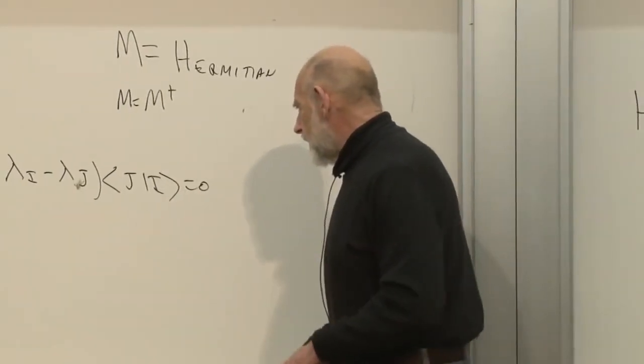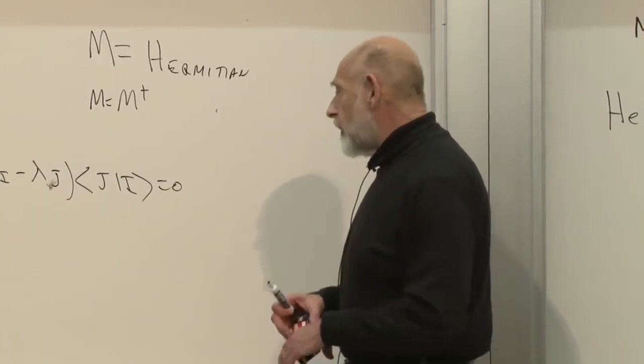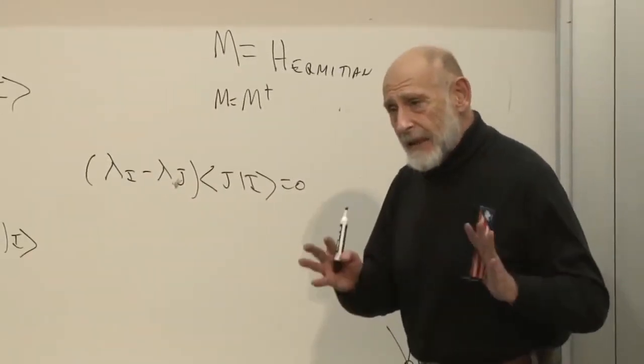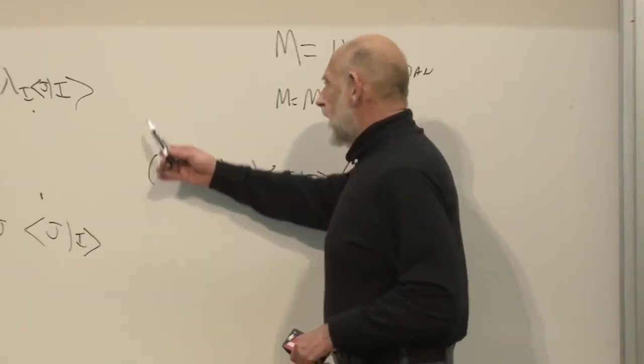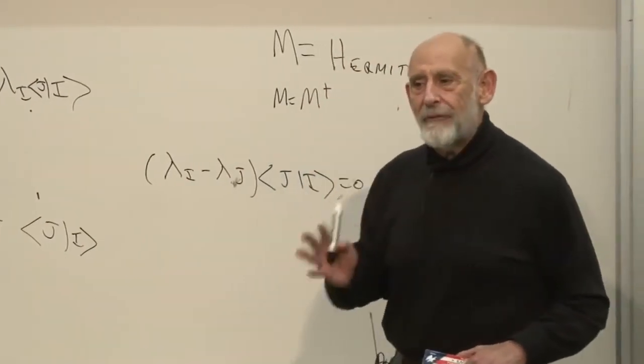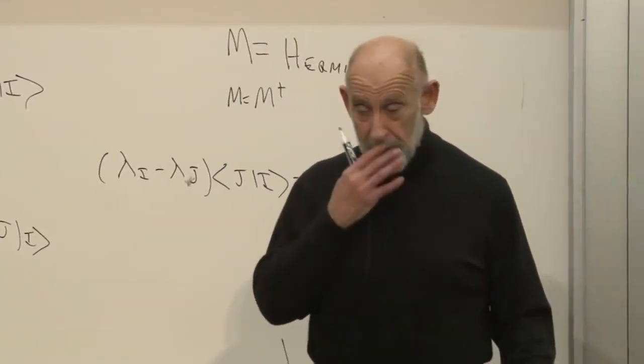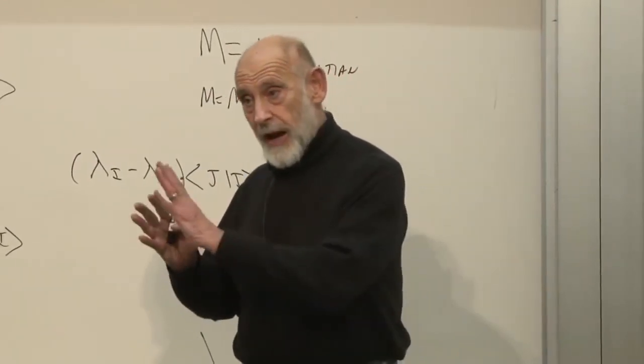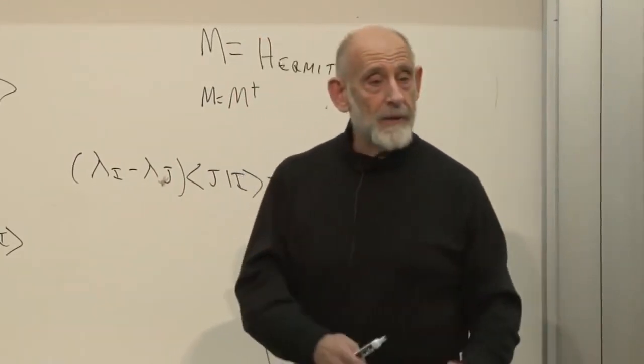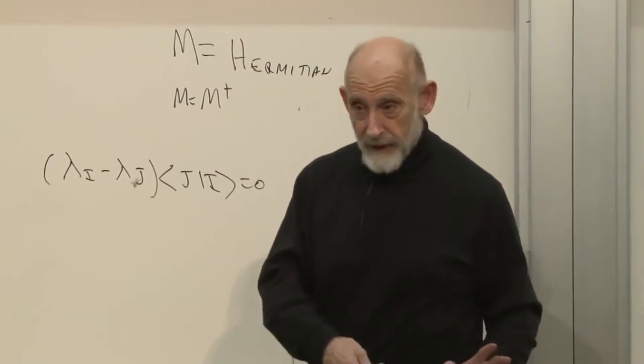The inner product of I and J may or may not be 0, but let's take the case where we know that the eigenvalues are different. That's what I'm interested in. I'm interested in eigenvectors corresponding to different values of the eigenvalue.